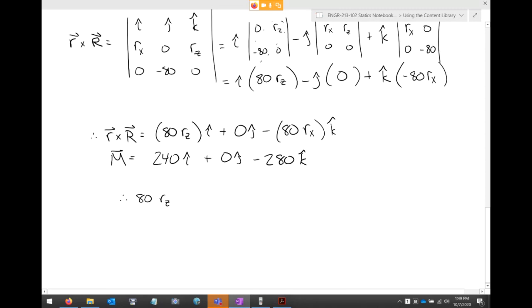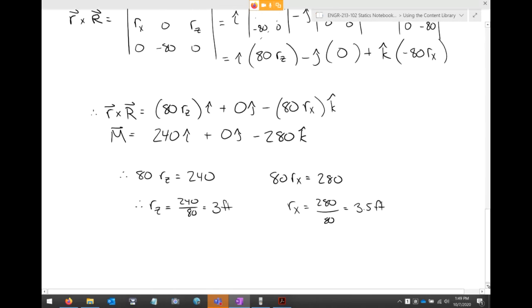So 80 RZ has got to be 240, and 80 RX has got to be 280. So RZ is 240 over 80, which is 3. And this is a position vector, so that's feet. And Rx is 280 over 80, which is, I think, 3.5 feet.